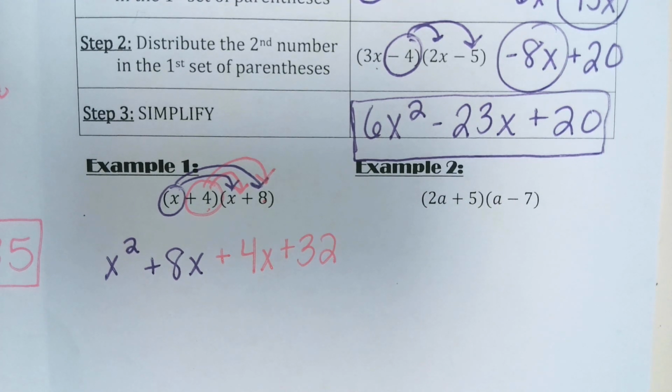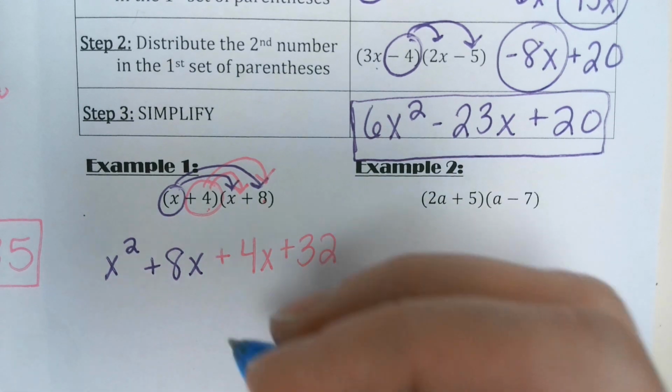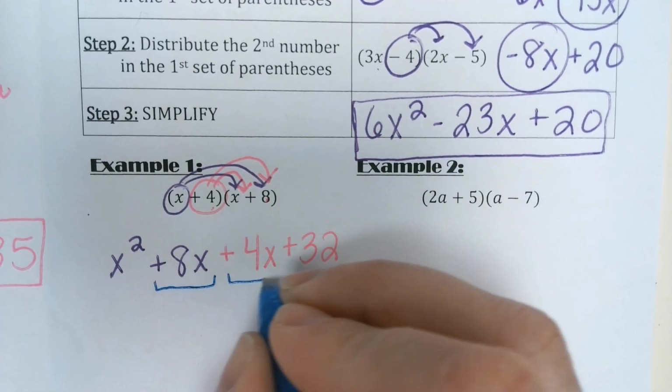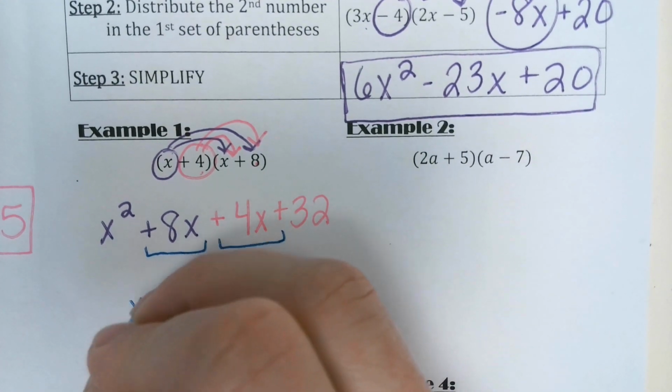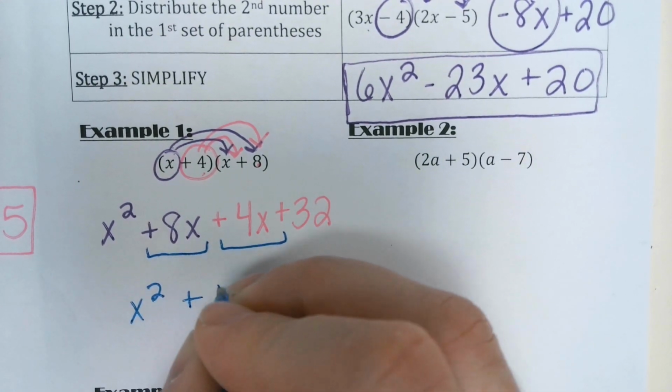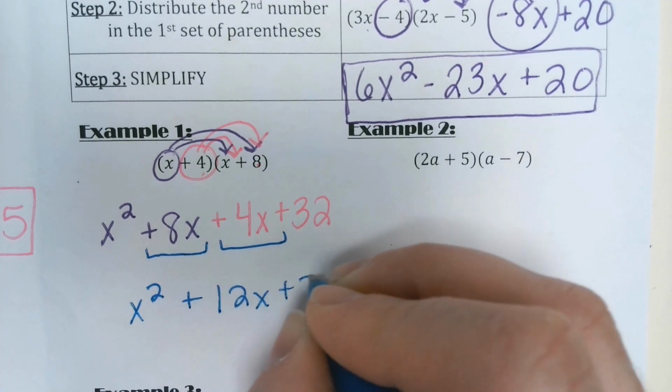And then we look and see if we can combine any like terms. What terms can we combine? Yep, 8x and 4x. So carry down the x squared plus 12x plus 32.